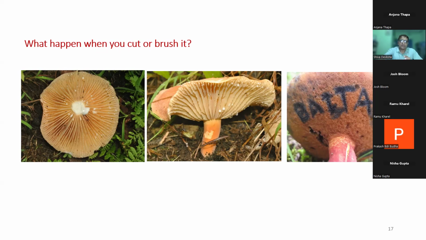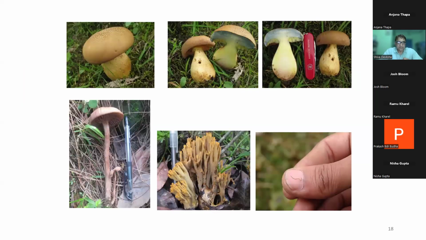And ask whether the color changes when you brush it, and such things could be asked to the patients or their relatives or collectors. Whenever you get mushroom poisoning cases in remote parts of Nepal or in the city, it is better to ask if the mushroom color has changed or not, because normally color might change because of oxidation. And what's the size of the mushrooms? Such things should be asked of the person who consumed the mushrooms.